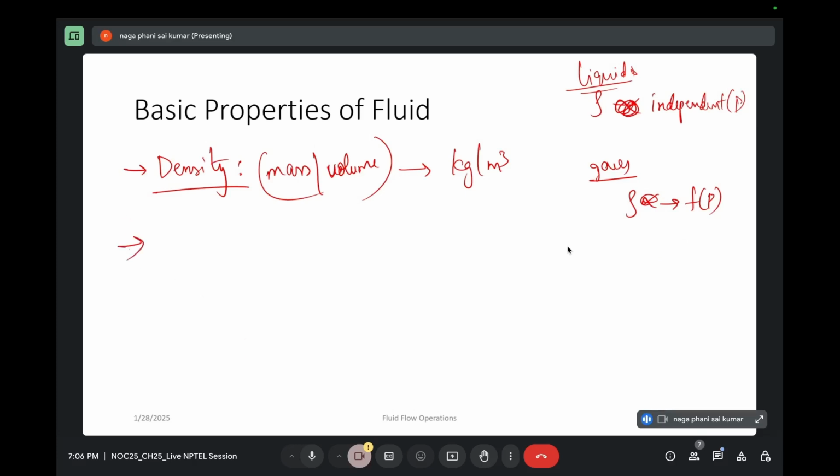And the next important parameter is specific gravity. Can someone tell me what is specific gravity?